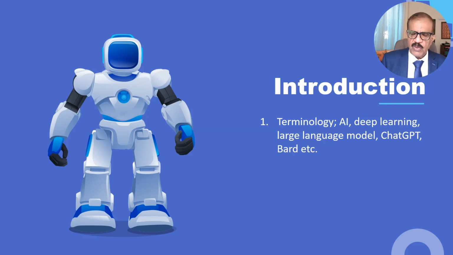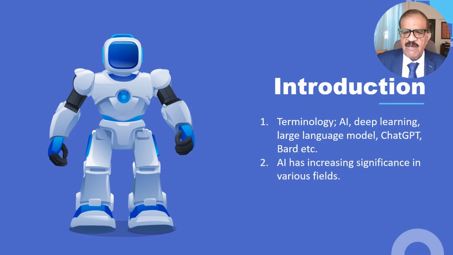ChatGPT is a software which was the first one in the series to become publicly available, and it was developed by OpenAI. There are many such systems developed by other big tech companies, like Bard from Google and one from Microsoft. Every big tech company has its own artificial intelligence system.